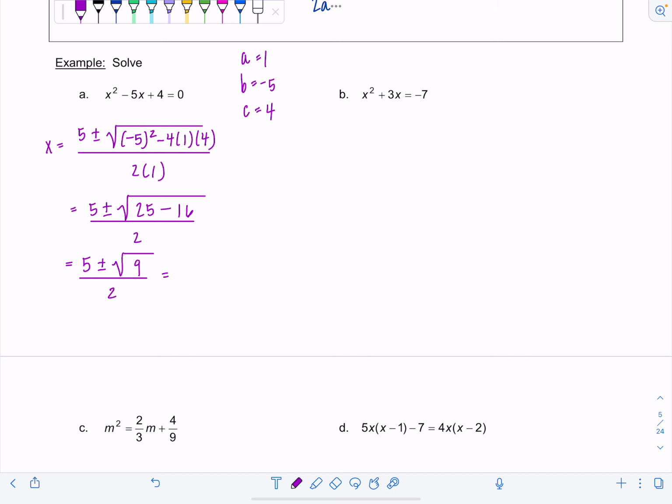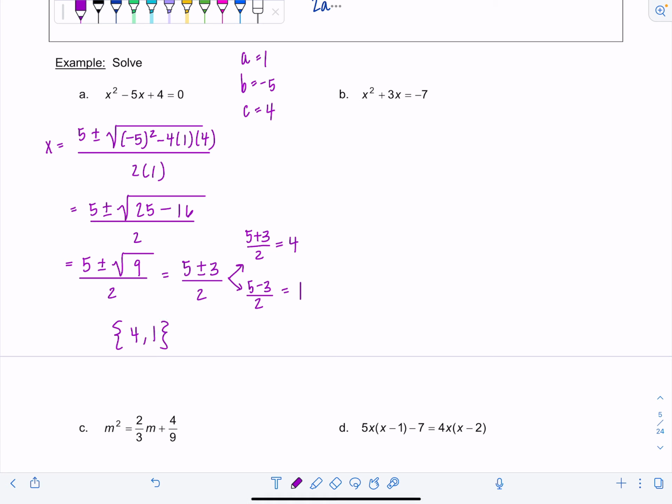So we have now 5 plus or minus 3 over 2. So let's see, we've got 5 plus 3 over 2. That's 8 over 2, so 4. And then we also have 5 minus 3 over 2. That's 2 over 2, so 1. So we have two solutions, 4 or 1.